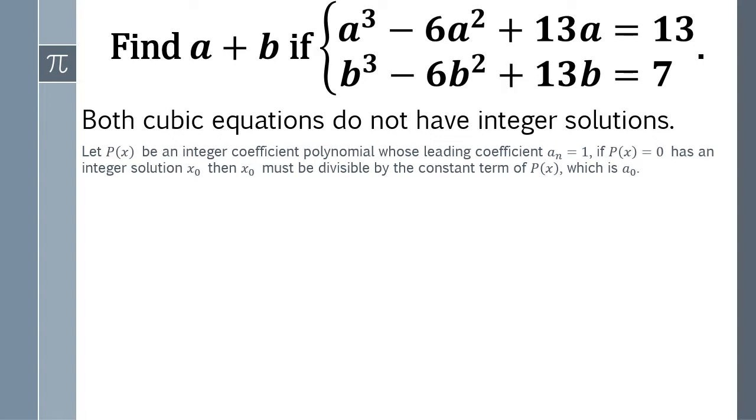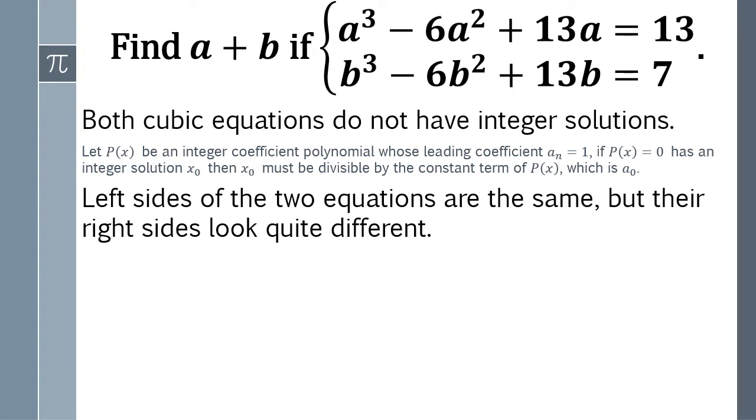So from here, I know it's not possible to solve the problem directly to get the value of a plus b. I have found another way. I noticed the left sides of the two equations are the same, but their right sides look quite different. So I decided to do some number manipulation by writing 13 as 10 plus 3 and 7 equals 10 minus 3.